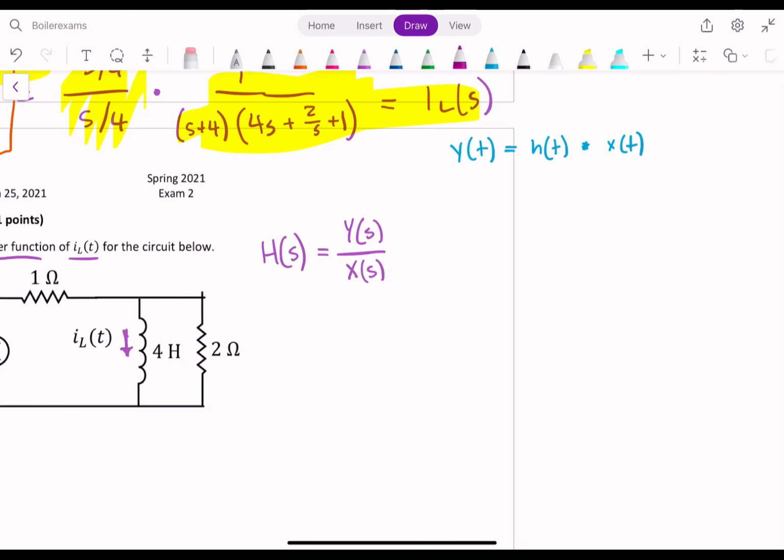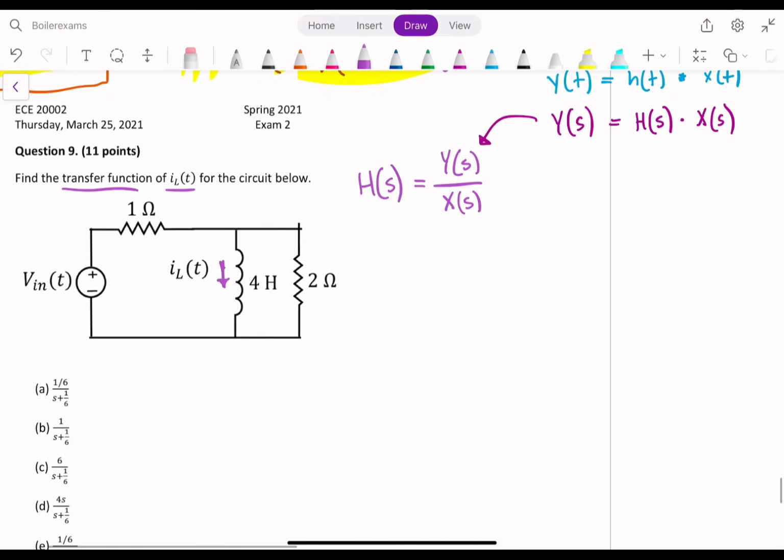And so when we Laplace transform that equation, we get our output in terms of S is equal to our impulse response Laplace transformed, which is our transfer function, right? Our transfer function is the Laplace transform of our impulse response. And convolution in Laplace is multiplication, multiplied by whatever input function we have in Laplace domain. And when you divide X of s out, we get this equation. So that's what we're trying to do.